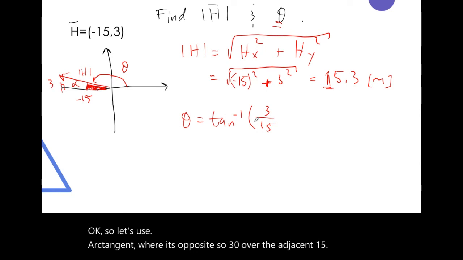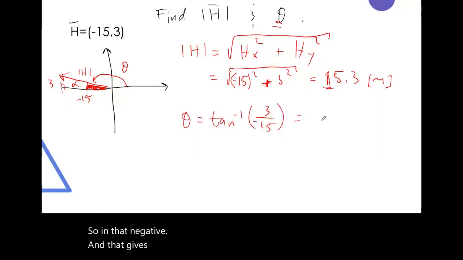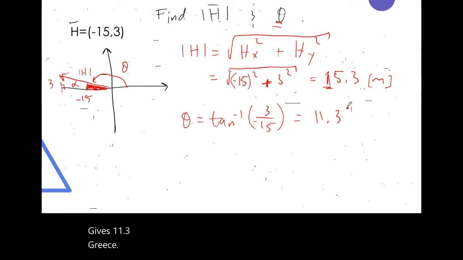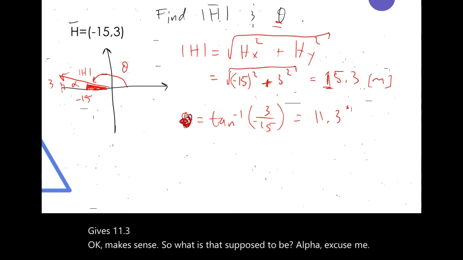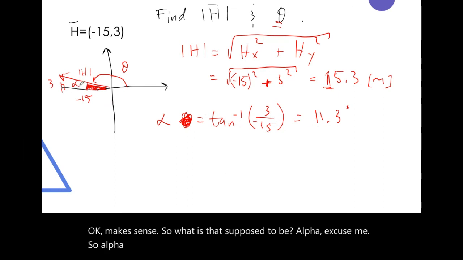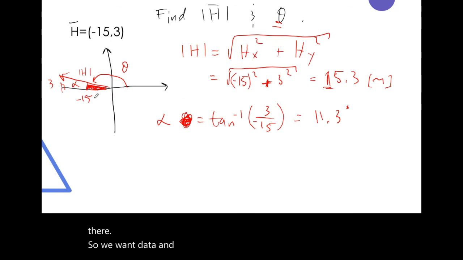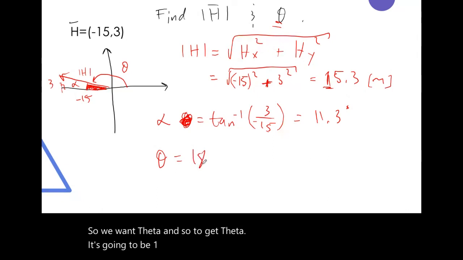I throw in the negative, and that gives us 11.3 degrees. Okay, makes sense. So alpha is 11.3 degrees, which makes sense because it's a tiny little angle there. So we want theta, and to get theta, it's going to be 180 minus alpha.